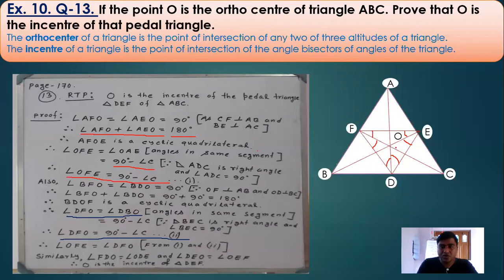So therefore, OF is the angle bisector of angle DFE, OD is the angle bisector of angle FDE, and OE is the angle bisector of angle DEF. So O is the incenter of the pedal triangle DEF of triangle ABC. Proved.